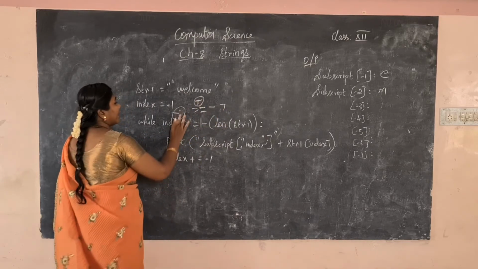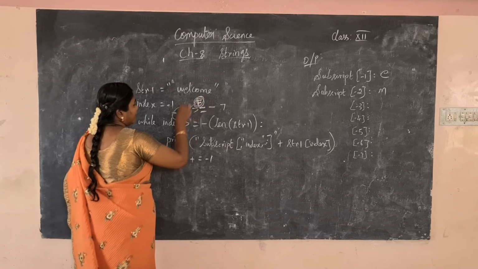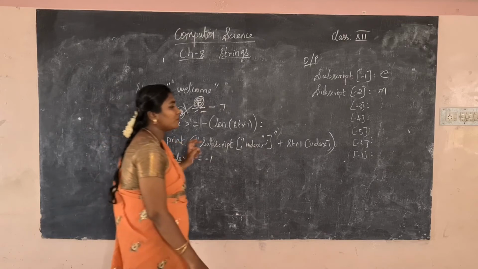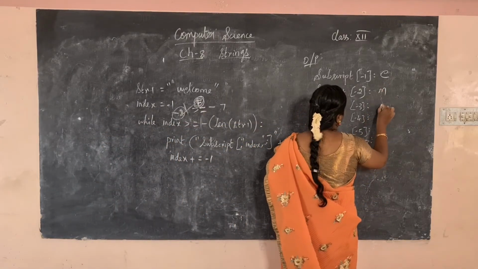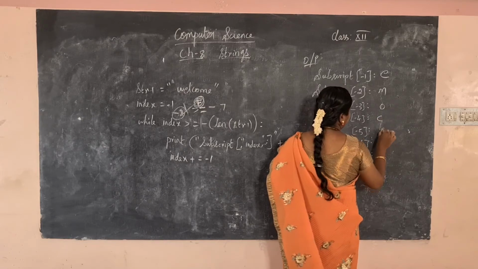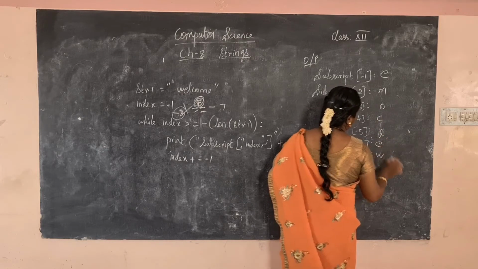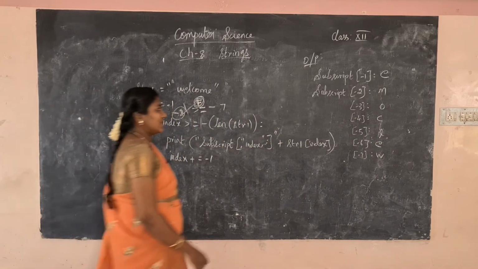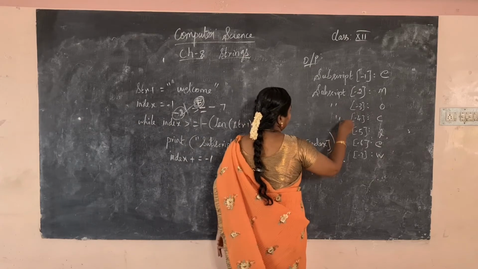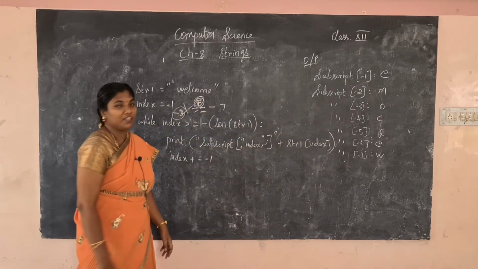When it gets to -8, the condition will be false, so the loop will be cancelled. So up to -7 I will have E, M, O, C, L, E, W. This will be my output: subscript of -1, -2, -3, -4, -5, -6 up to -7.